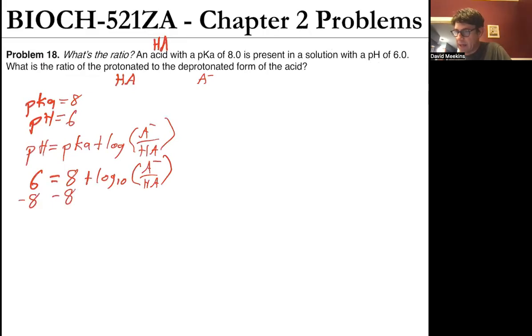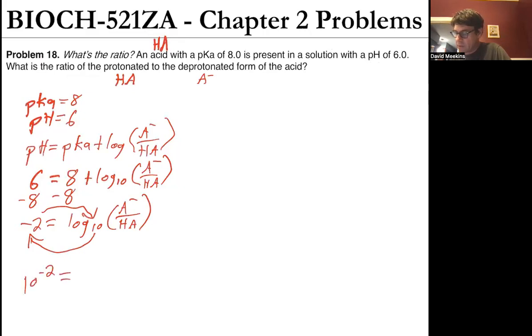Subtract 8 from either side. So -2 equals the log base 10 of the conjugate base, the deprotonated form, over the protonated form. Now we can take the anti-log. So 10 to the -2 equals the concentration of A minus over HA.